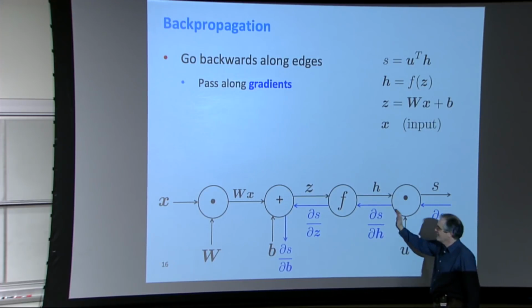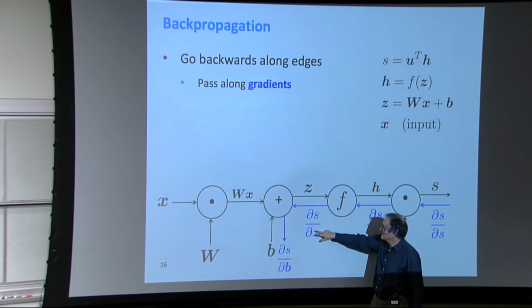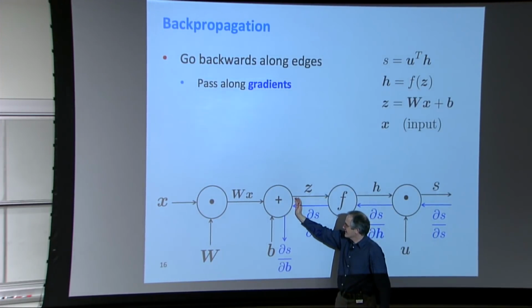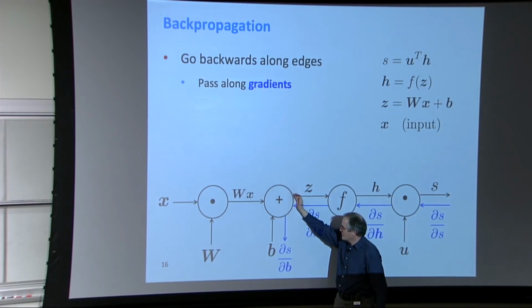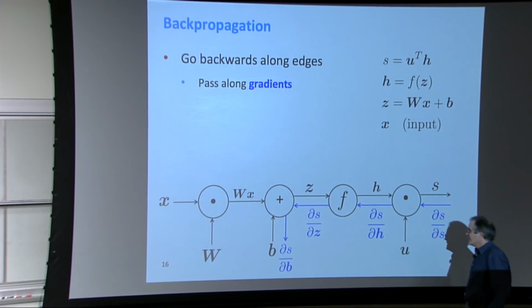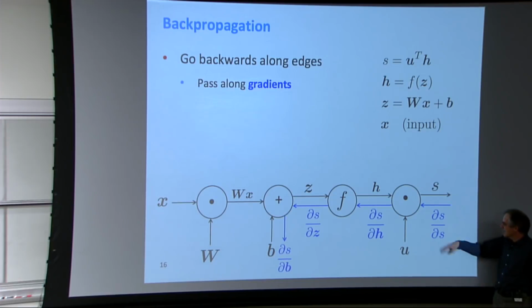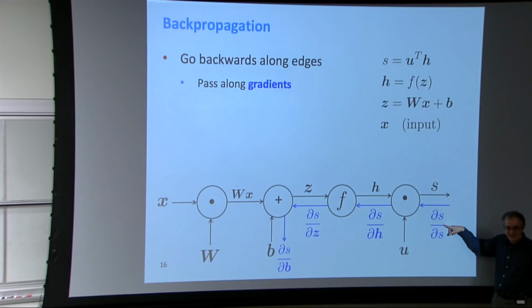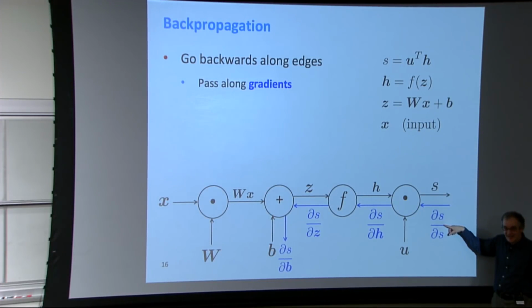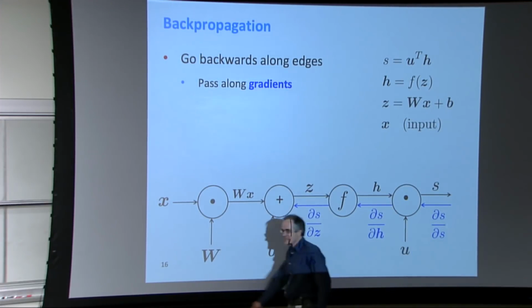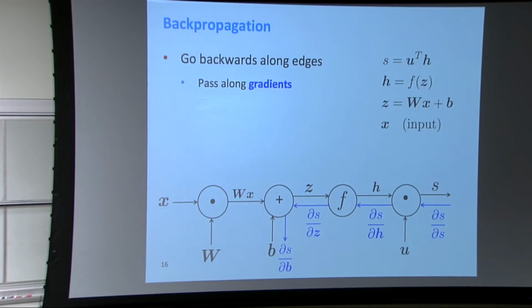So starting from up here, we've calculated a partial of S by Z, which is this with respect to that. And so that's sort of our calculated error signal up to here. And then we want to pass that further back to start computing our gradients further back, right? And we started off right here with the partial of S by S. What's the partial of S by S going to be? 1. Okay, yeah, so the rate at which S changes. So we just start off with 1, and then we want to work out how this gradient changes as we go along.